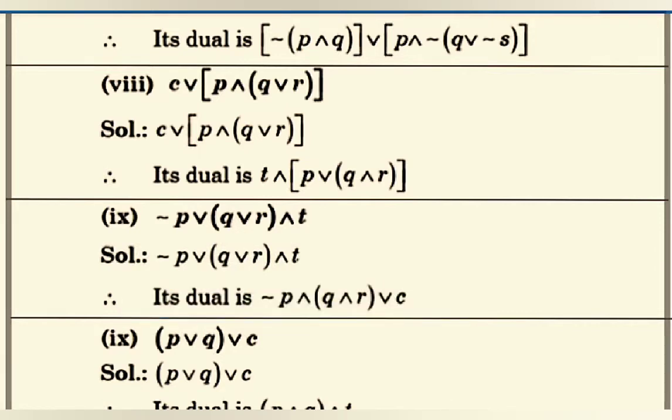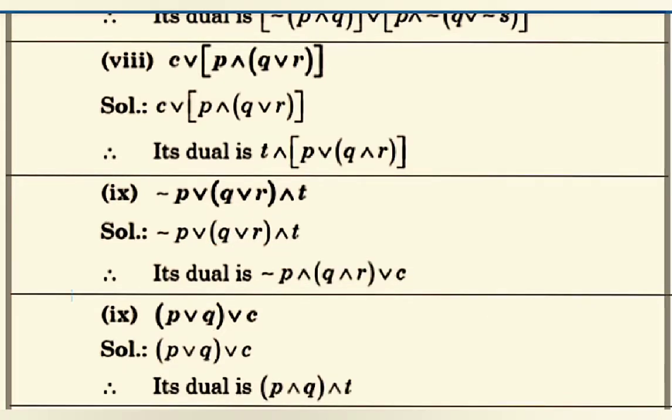Its dual is: negation P as it is, or is replaced by and, in bracket Q and R or C. Ninth, in bracket P or Q or C. Solution: write the statement down as it is, and its dual is P, this or is changed to and, this or is changed to and, and C, contradiction, is changed to tautology. The dual is P and Q and T.